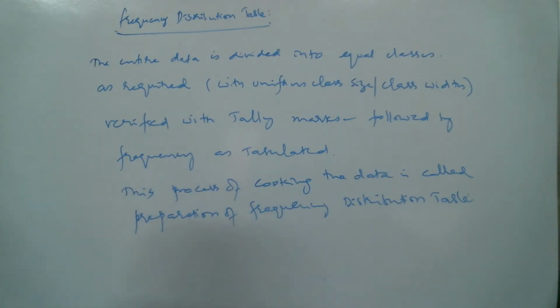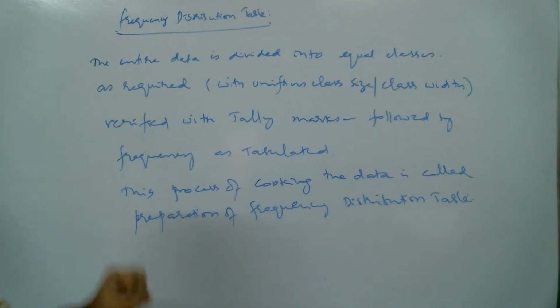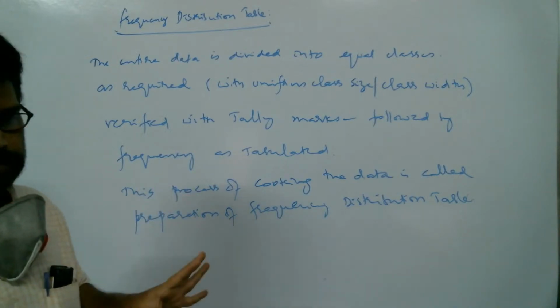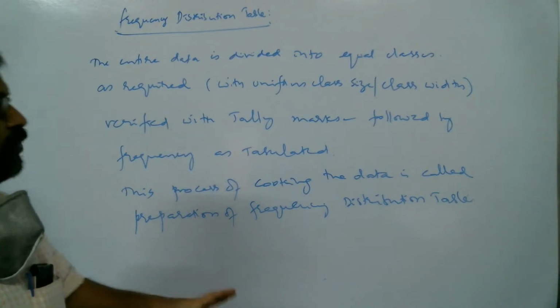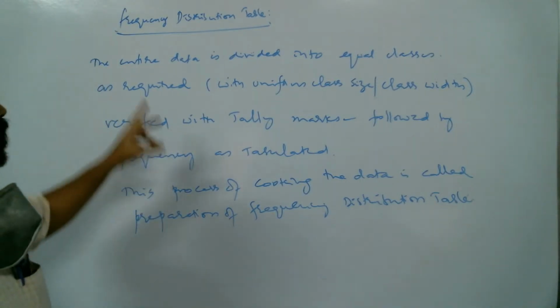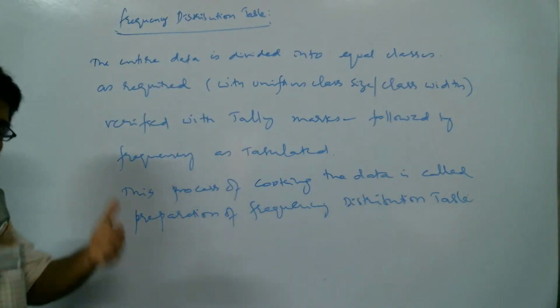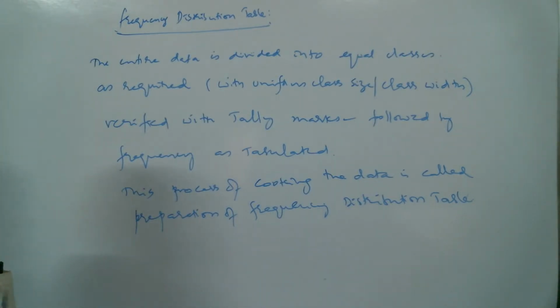So the data is to be properly manipulated, cooked, streamlined, organized or structured, which can be best to use. Like we cook the food, then only it is palatable. Same way, data should be properly organized or structured. So the first process, first make the frequency distribution table. From that we can go for other modes of sorting the data, like mean, median, mode, measures of central tendency, which we'll discuss further.